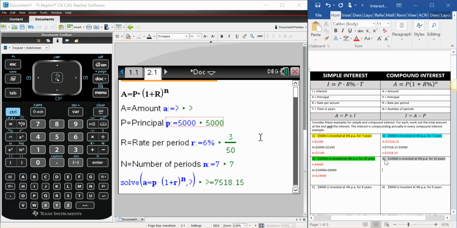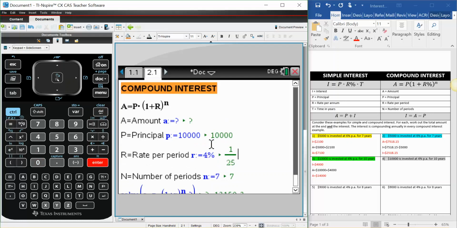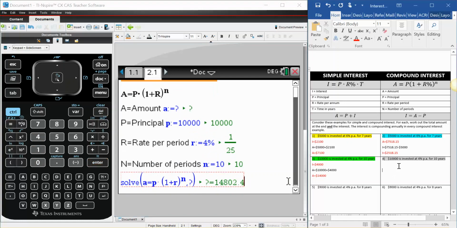different questions. So this one says $10,000 is invested at 4% for 10 years. So we change it to 10,000, 4%, 10 years, and we can see that this time, the total amount is $14,802.40. We then would work out the interest, and that was the end price minus the starting price, which was $10,000.